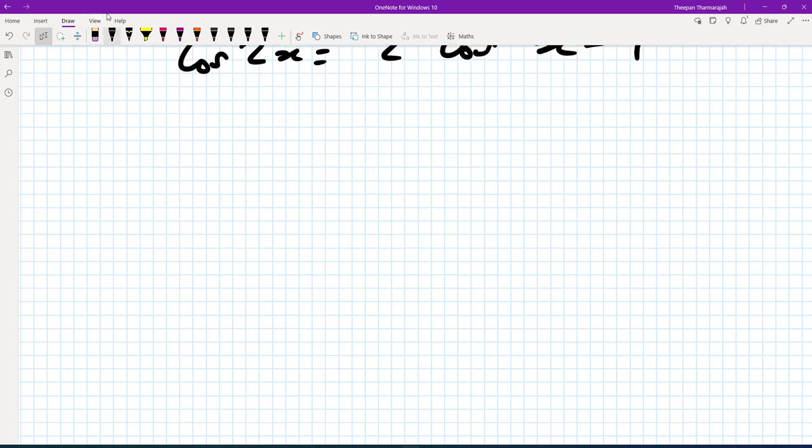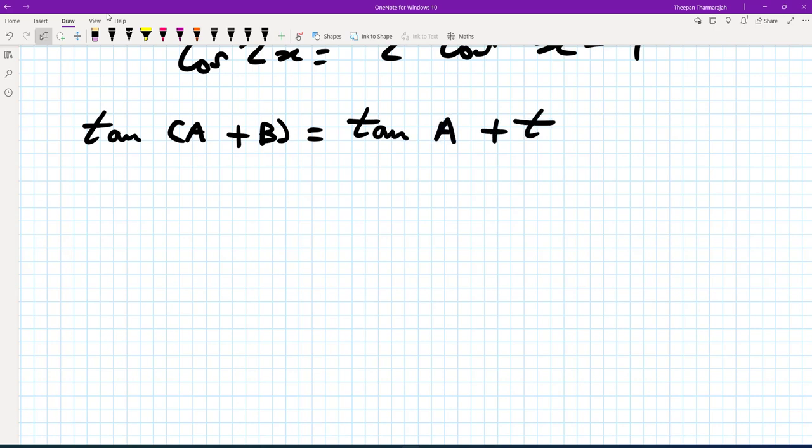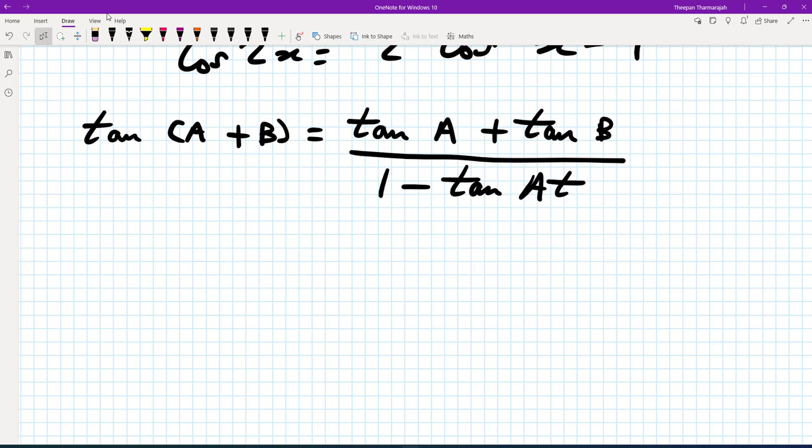So now we're going to do the same thing for tan A plus B. So tan A plus B gives me tan A plus tan B, all divided by 1 minus tan A tan B. So we can say let A equal B equal x.